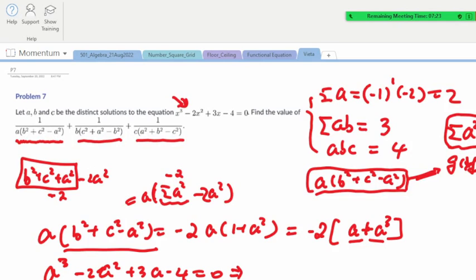What I want to do is to reduce the power. How do we do it? We have a cube equals 2a squared minus 3a plus 4. Can we apply that? Totally. Okay, and then plug it back in for a. Then let's do it.